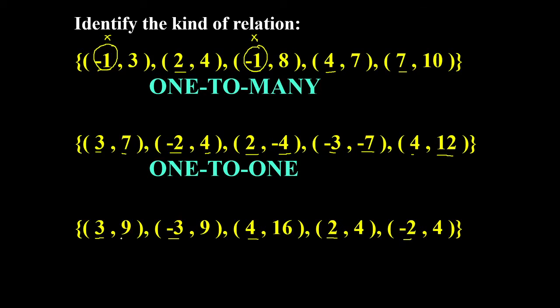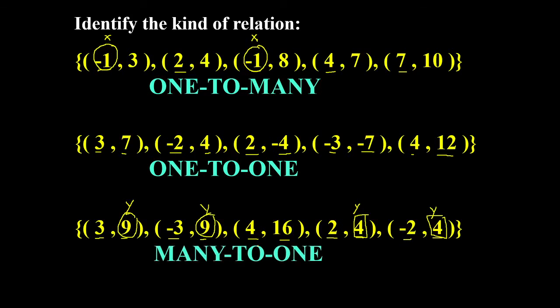Look at the range: 9, 9, 16, 4, and 4. 9 and 9, 4 and 4 are repeated y coordinates. So this is an example of a many to 1 relation.